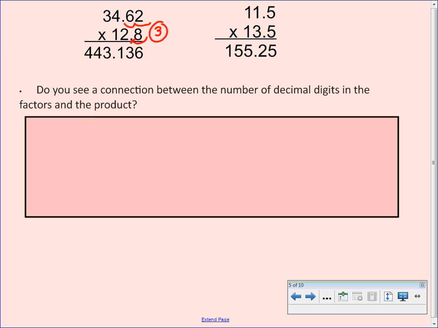Let's look at our product. 1, 2, 3. The same thing. Let's look at the second example we did. How many digits come after the decimal in our factors? 1, 2. What about in our product? 1, 2. So what kind of a rule can we come up with?